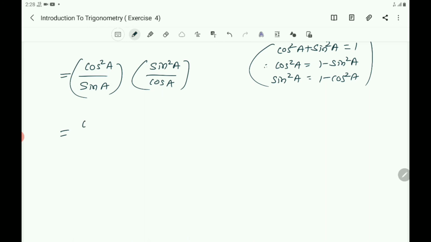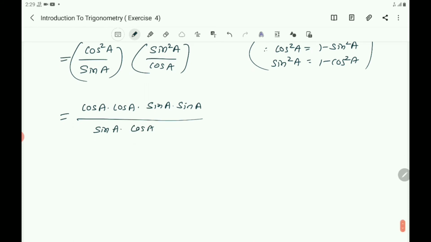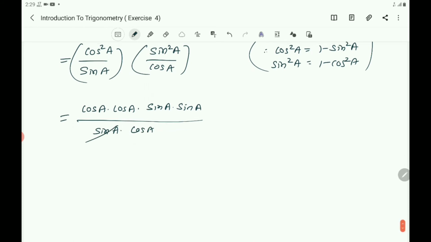So you write cos square is cos A into cos A, sin square A is sin A into sin A, that divided by sin A into cos A. So you can cancel sin A and also cos A.